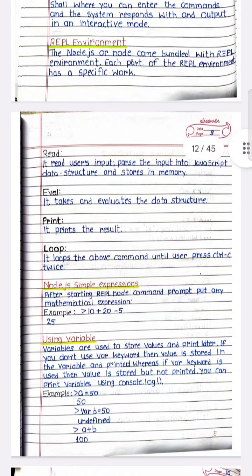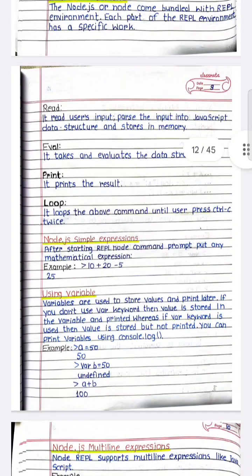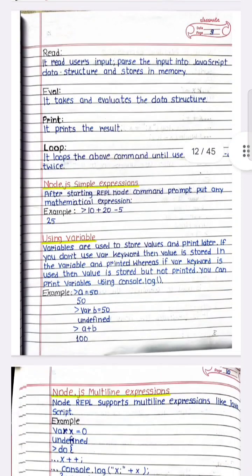Read means the user writes any input data into a JavaScript structure and stores the data in memory. Eval takes and evaluates the data structure. Print prints the result, and loop is for the command: press Ctrl+C twice to exit.